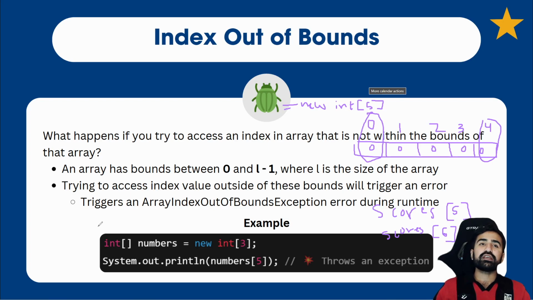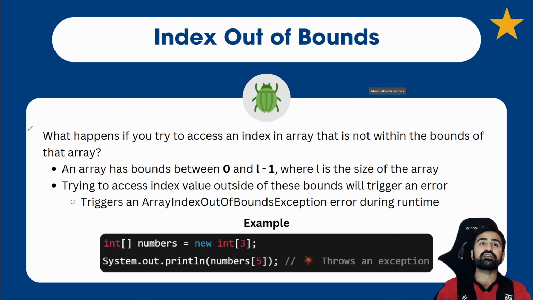So what happens is Java will trigger a runtime error. It's a special error called the ArrayIndexOutOfBoundsException. You left the boundaries that array allowed for the indices, right? Remember, indexes is not a word, it's indices. So do not try to access an index that is invalid because it will trigger an error.